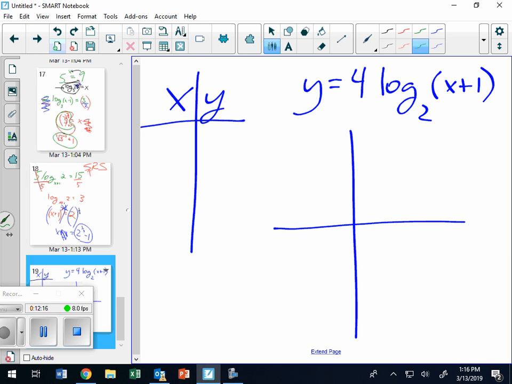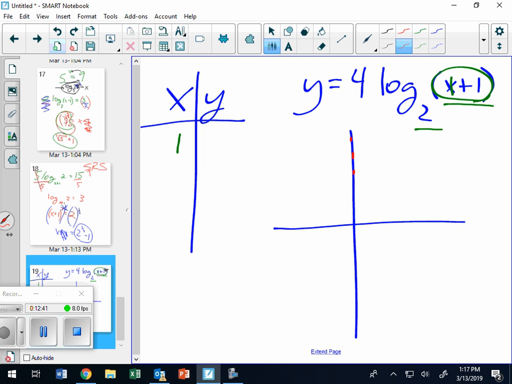Yes, sir. How did you know 1 would work nice? And if you got these bases to match, it would be really good, right? Okay, so we put a 1 here, and I'll let everybody else figure out what you'd get for your grand total once you stuck in a 1. Then find a total of 3 points and the asymptote.